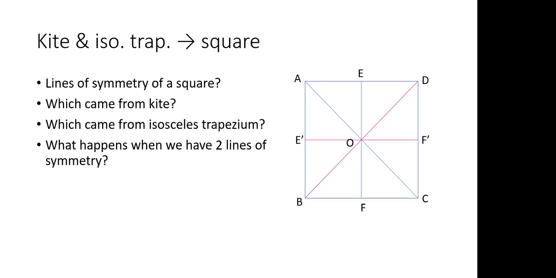Now let us take any point which is along a side. Let's take a point X on AD. Now, if we reflect it on EF, here it goes, X dash. Now let us reflect it on AC, and this is where it goes.